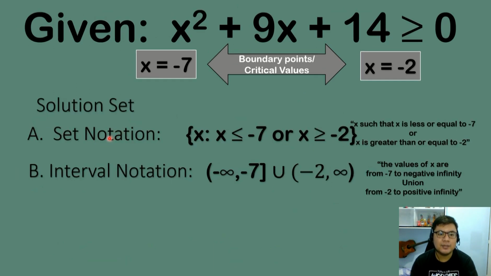Pag sinulat natin yung solution set natin sa set notation, ganito lang isulat. So x such that x is less than or equal to negative 7 or x is greater than or equal to negative 2. Pag interval notation naman, the values of x are from negative infinity to negative 7, yun from negative 2 to positive infinity.